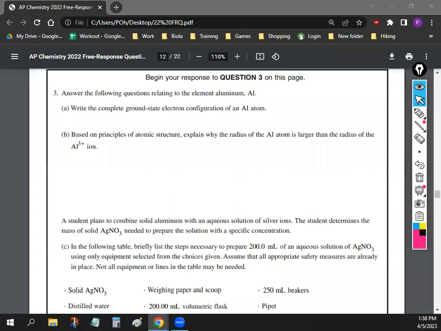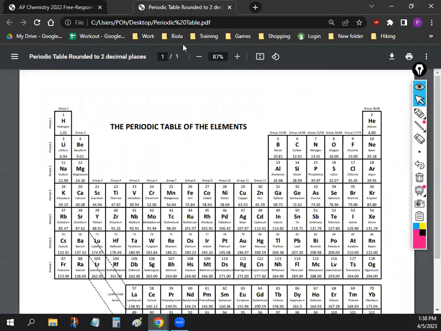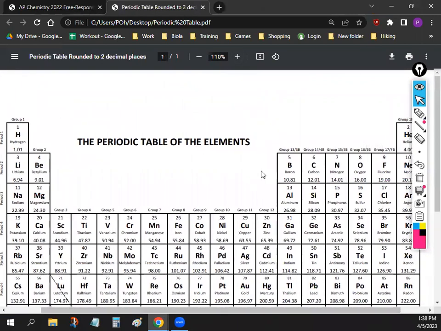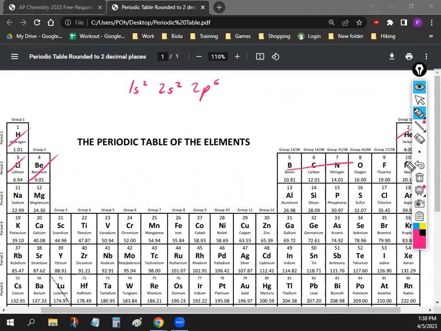Okay, so for this one right here, you just need the periodic table and you just need to count till aluminum. If we pull up the periodic table, aluminum is right over here. For the ground state, there are 2 ways you can do it. You can do the regular or the noble gas. I'll do the regular first. It'll be 1s2 for these, 2s2 for these, 2p6 for these, 3s2 for these 2, and then aluminum will end at 3p1.